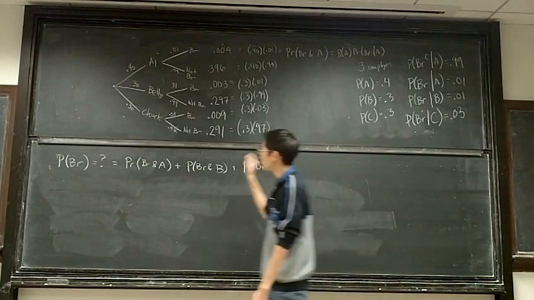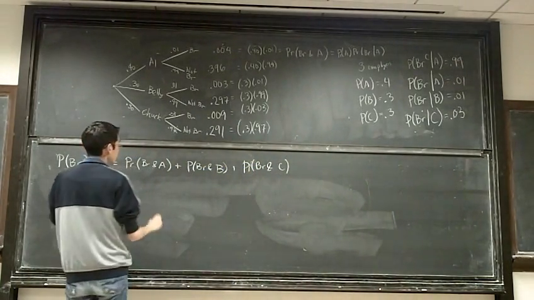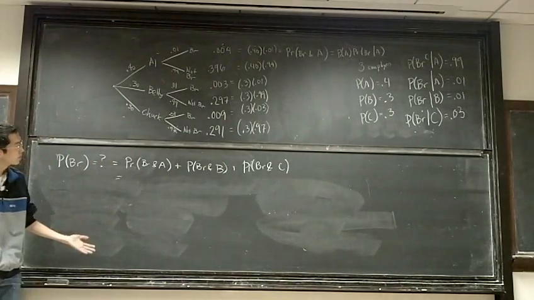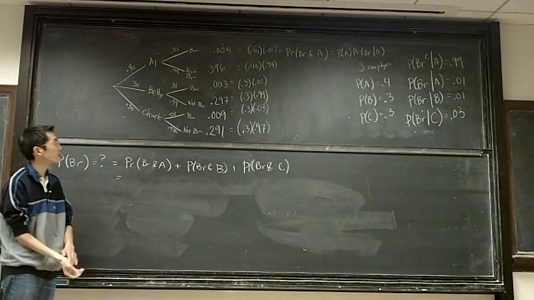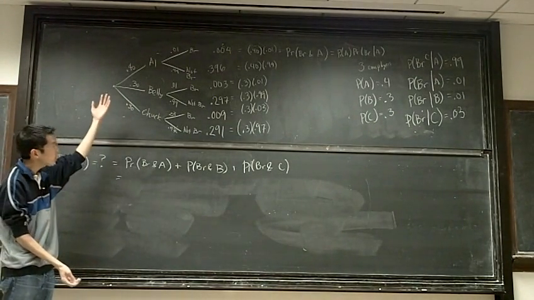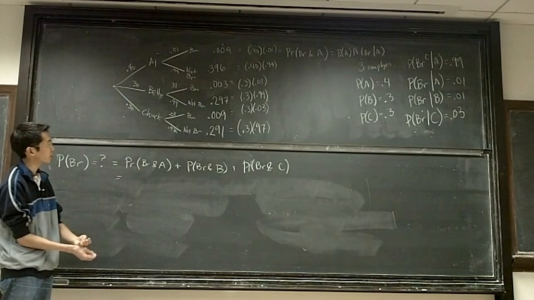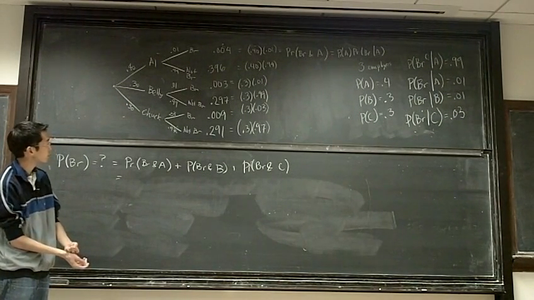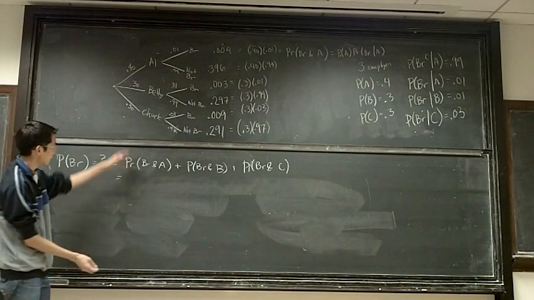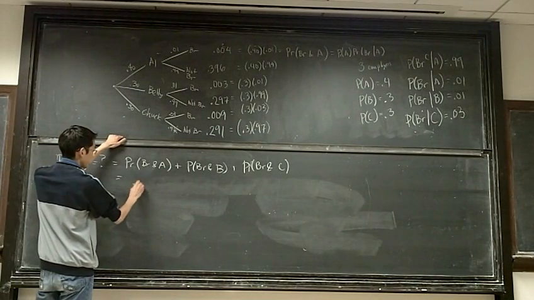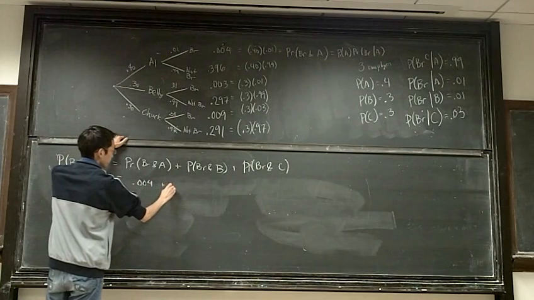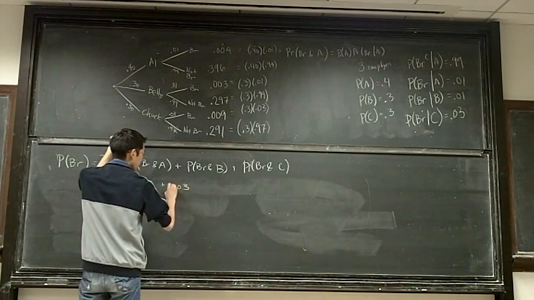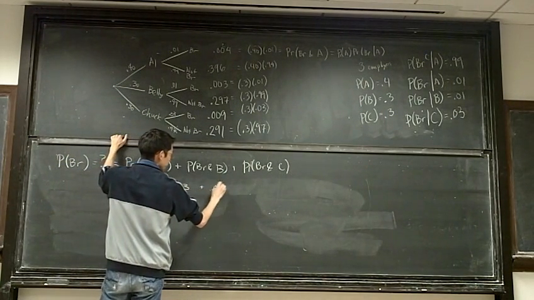And we found all of these numbers. So if there's 1,000 dishes, Al breaks 4 of them, Betty breaks 3 of them, and Chuck breaks 9 of them. That total probability is 0.004 plus 0.003 plus 0.009.